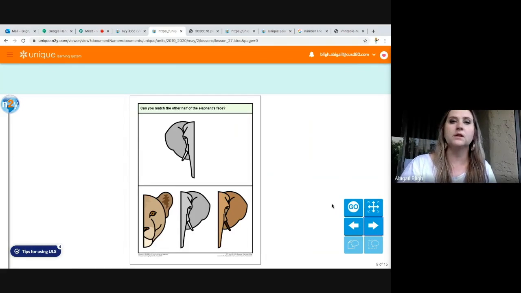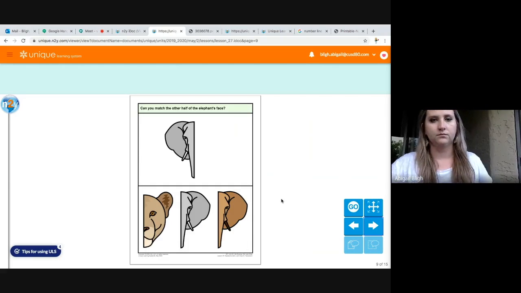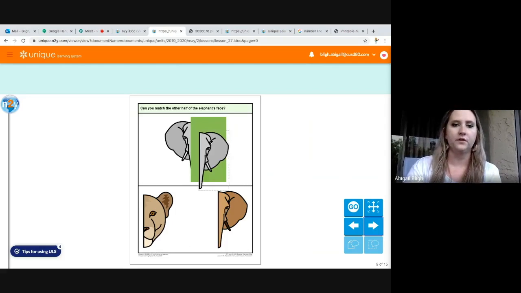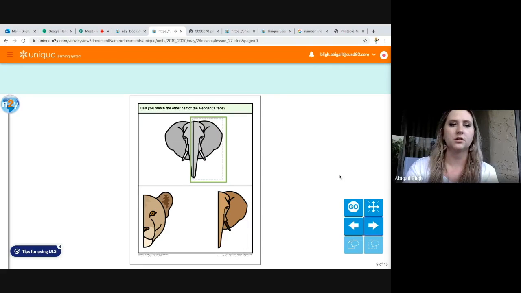And then for these, it's probably easier for you to just cut them out and glue them on as opposed to trying to draw the other half yourself, okay? So go ahead and try this one on your own. All right, if you chose this one, you are correct.